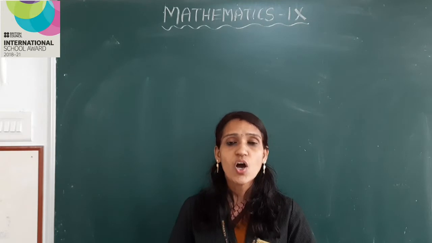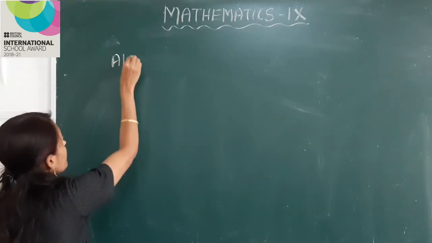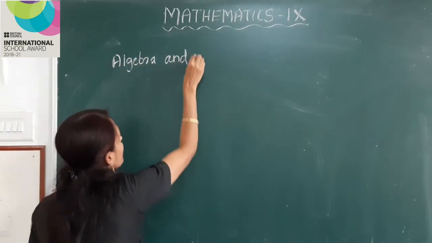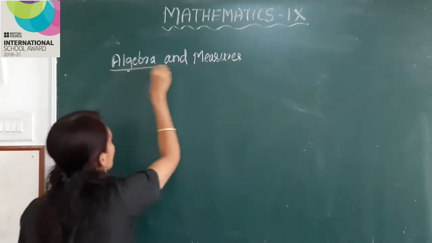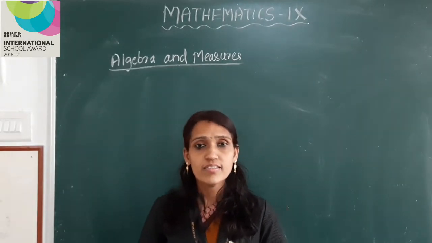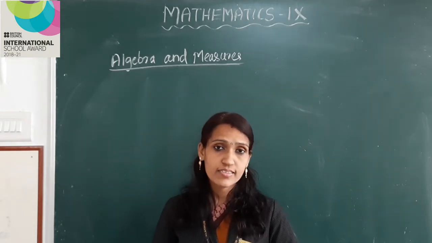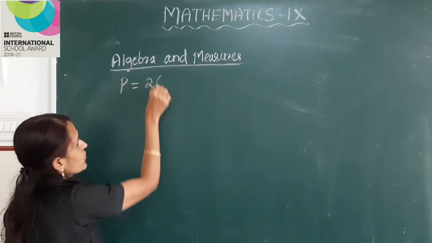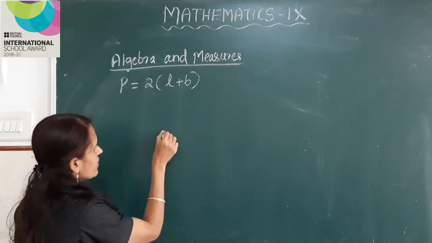Our topic is algebra and measures. We have learned how to calculate the perimeter of a rectangle, isn't it? That is, perimeter is equal to 2 into L plus B. See this rectangle.